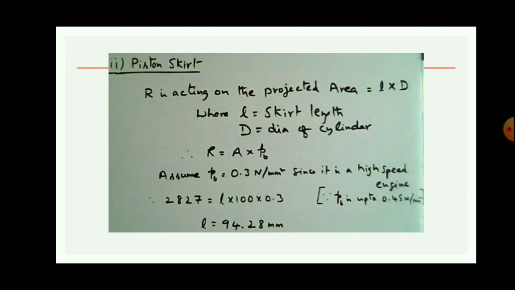For PB, since we have taken it as a high speed engine, we will take the value of 0.3 from the data book. Then after substituting R and other values, we will finally be calculating the length only, which is the skirt length. We are calculating that because we have already calculated R.